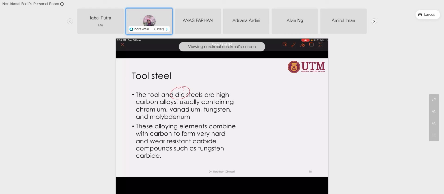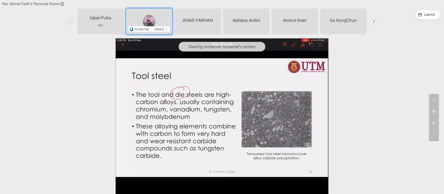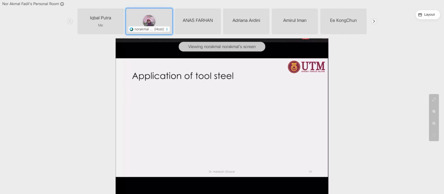So this carbide gives more strength to the total alloy. The carbide precipitates are not just iron carbide. There are other carbides, tungsten carbide and chromium carbide. So these new carbides are stronger.